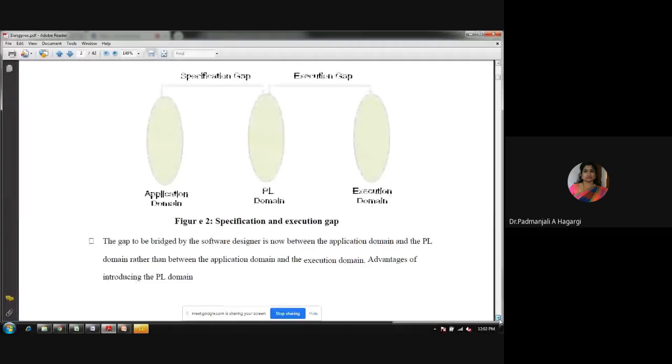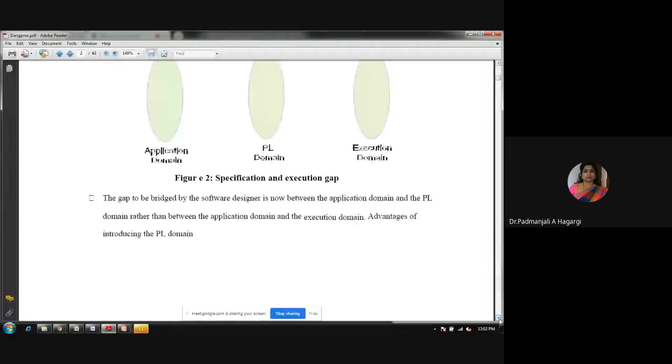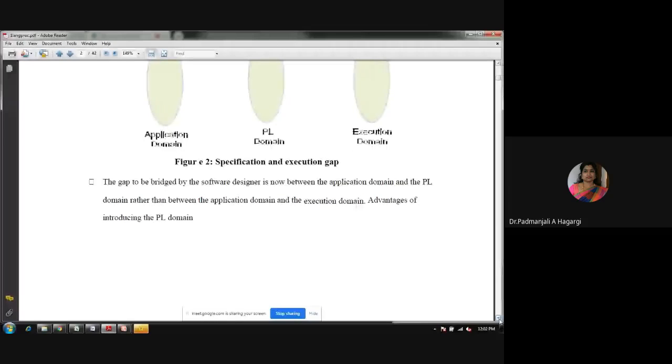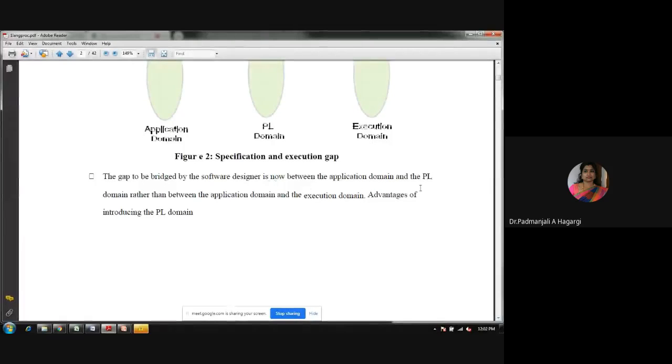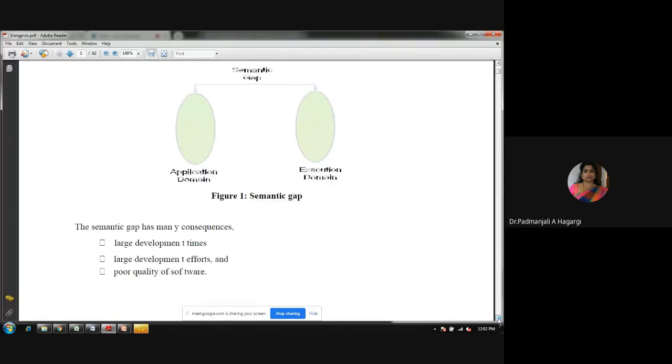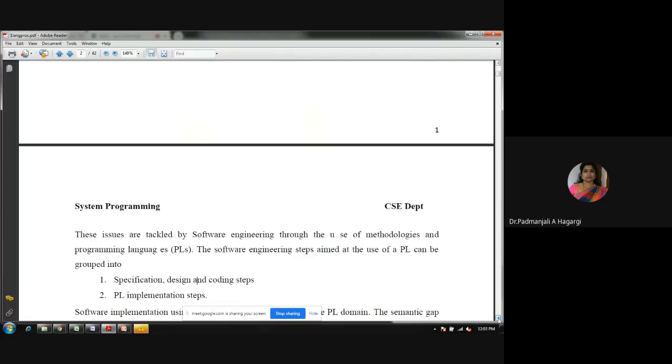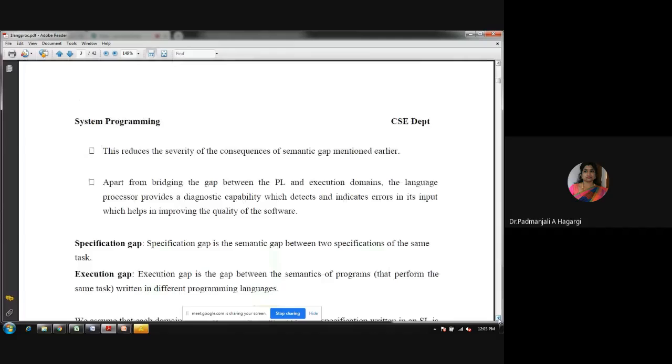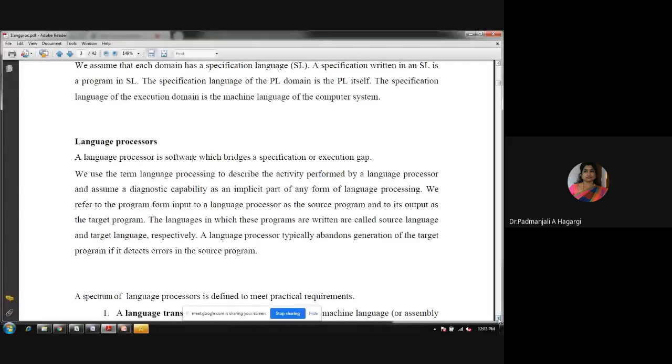What it bridges means translators. The gap is bridged by the software designer, who makes use of programming languages to design the program and meet the execution level.